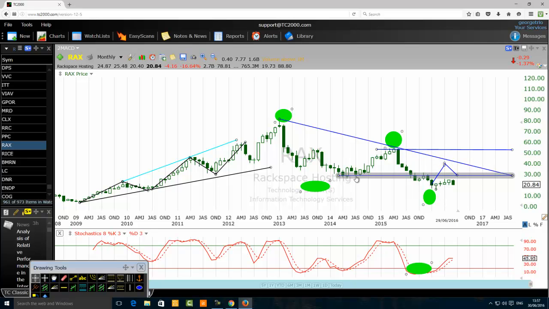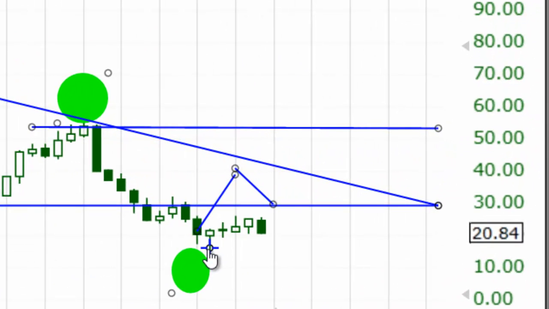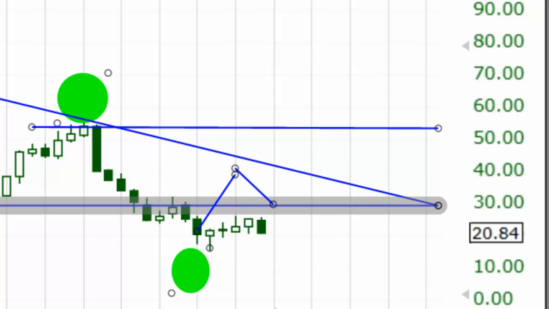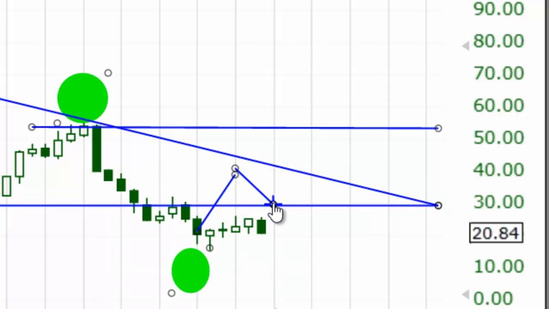But we can attempt to buy when it returns back above the prior low. The risk is still high, but it's no higher than the risk that we were taking here, at the lowest low.